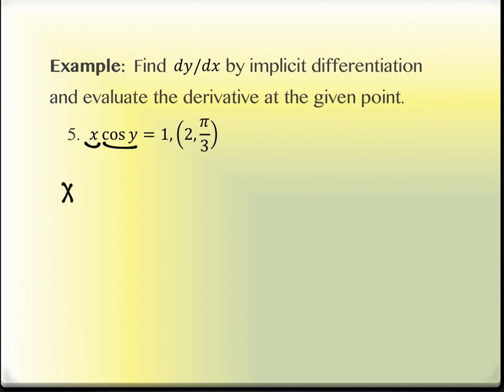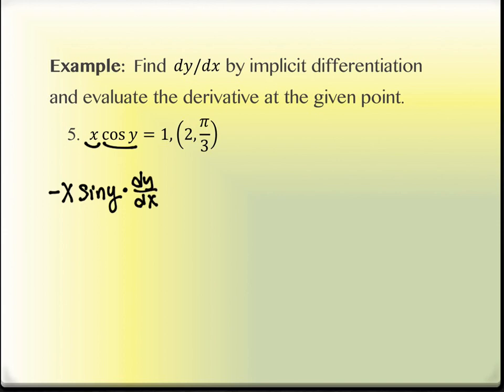Now I need the derivative of cosine of y. What's the derivative of cosine? Negative sign. I'm going to put the negative in front of the x. So this is negative sine y. Okay, the inside stays the same. But because I took a derivative of something that contained a y, I'm going to multiply this by dy dx.